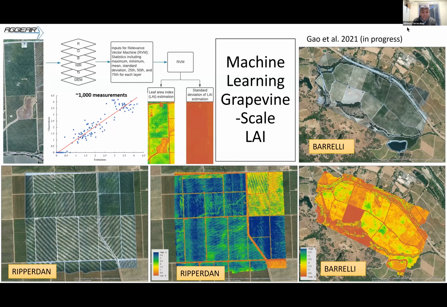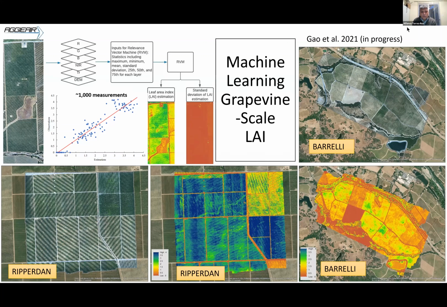And the preliminary results are showing a great deal of promise. This is something that we believe is going to help us improve ET estimations and also transpiration.